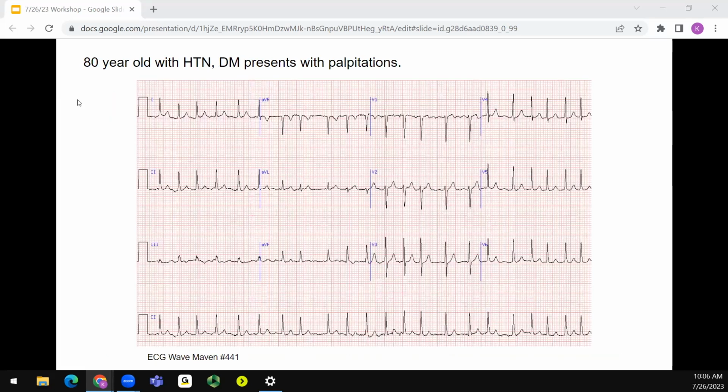All right. An 80-year-old with hypertension and diabetes presents with palpitations. Is it sinus rhythm? Someone says no. Someone says AFib. What makes you think it's AFib? Irregular.